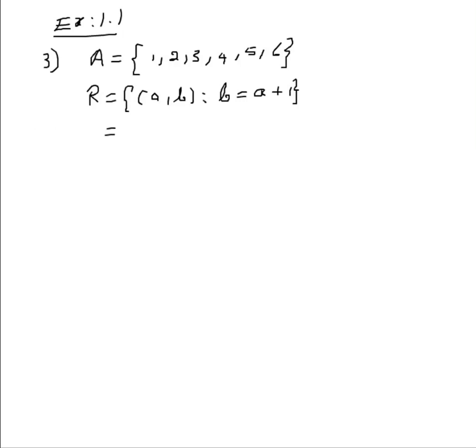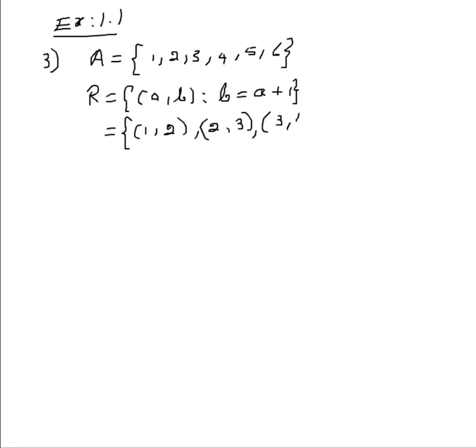We will write the relation in the tabular form or roster form. If A is 1, B is 1 plus 1, substitute here, B will become 2. If A is 2, B will be 2 plus 1, 3.